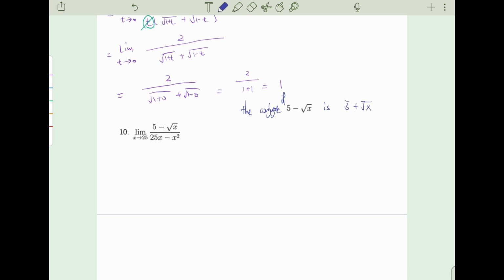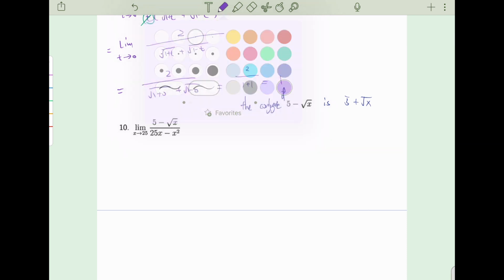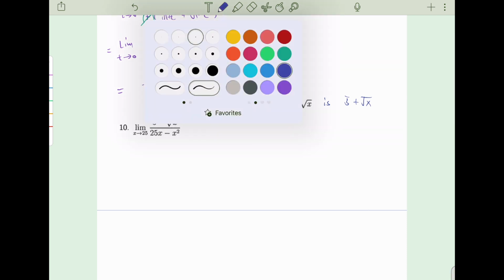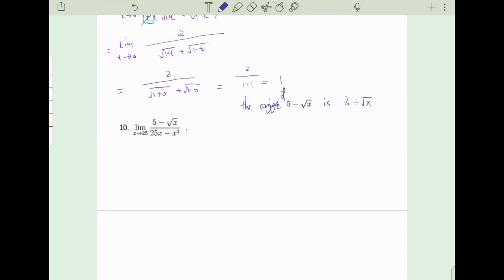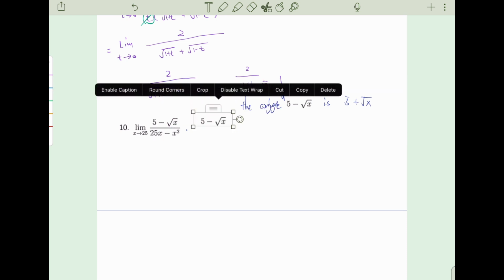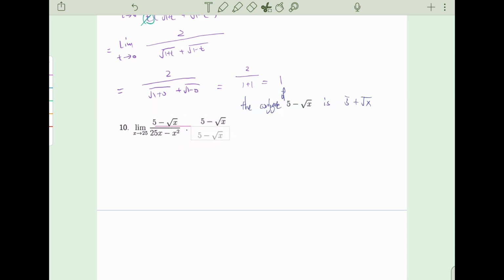We just turn the sign in between into the opposite sign. So it's clear that what we need to do is to multiply the top and the bottom by the same thing, the conjugate, plus. Okay. And now make use of the difference of squares formula. This is a minus b. This is a plus b.